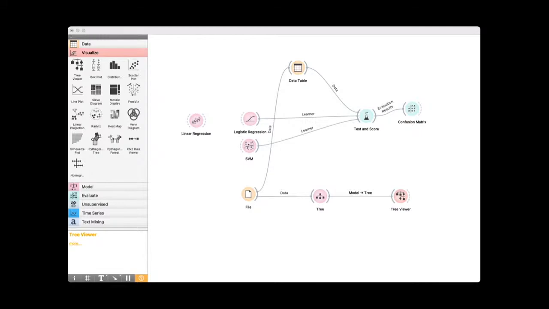How many data points are right here? 50. And among those 50 data points, 100% means all of them belong to one category, iris setosa. So the left hand side, the left tree, is done.